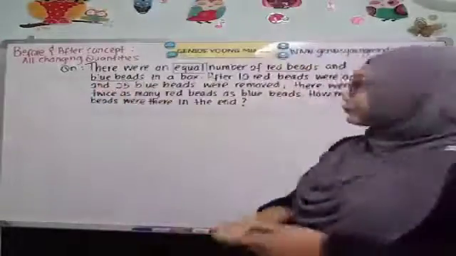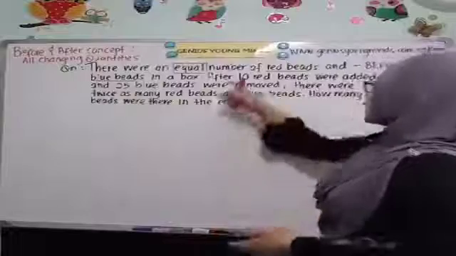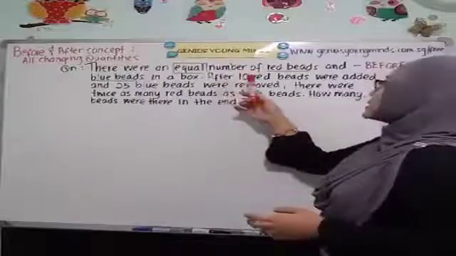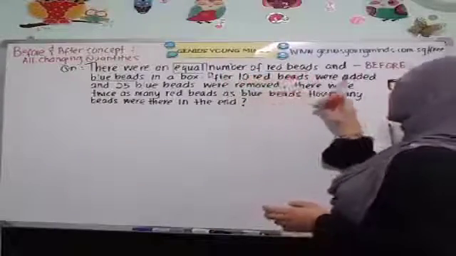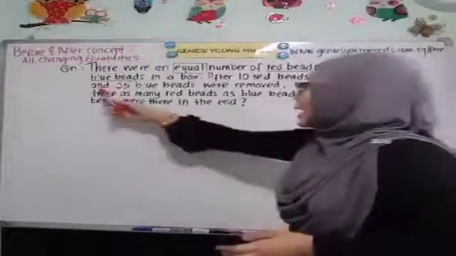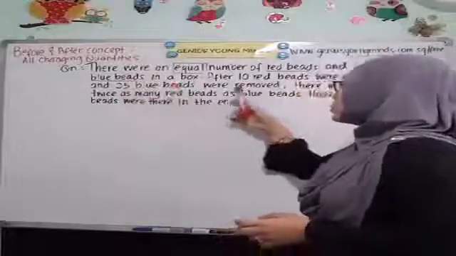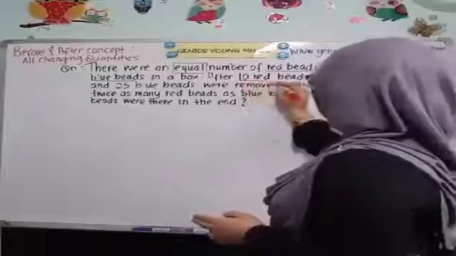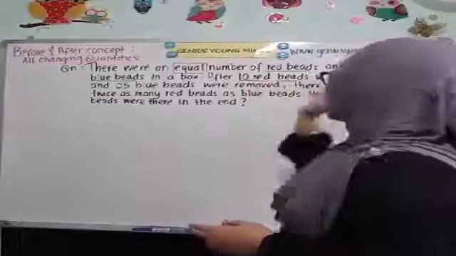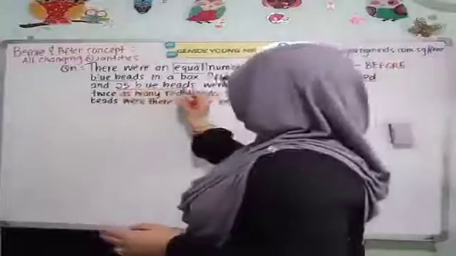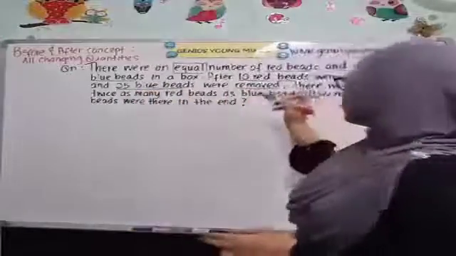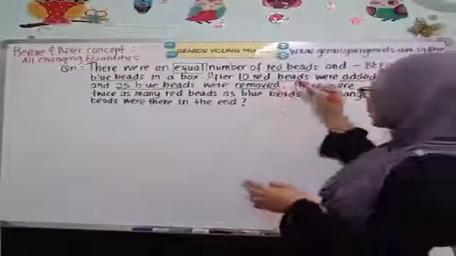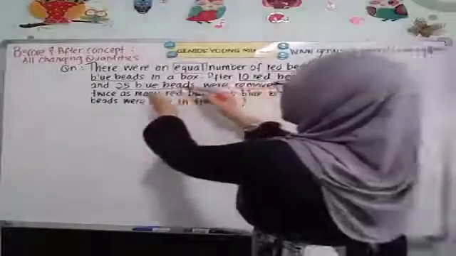Okay, you underline. And then the second sentence, they say after 10 red beads were added, and 25 blue beads were removed. Can you see this is 10 red beads added, then they mention 25 blue beads removed. They are talking about red beads and blue beads.